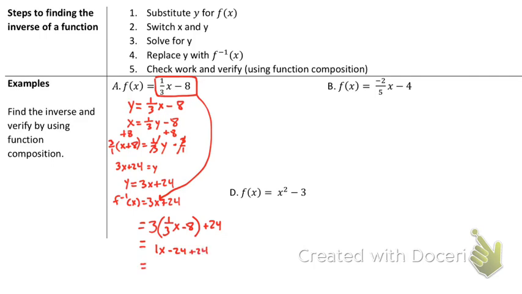We do the math. 1x, nothing combines with 1x, but the -24 and positive 24 cancel out, and we are left with x. Okay? Because we are left with x, this means anytime you're just left with x, that means yes, we do have an inverse.